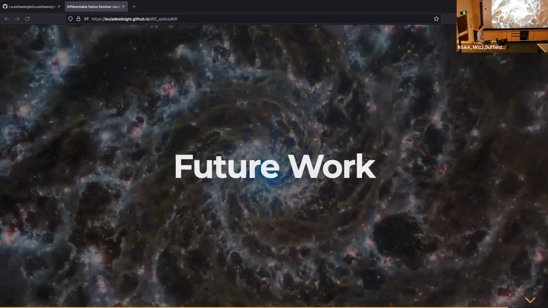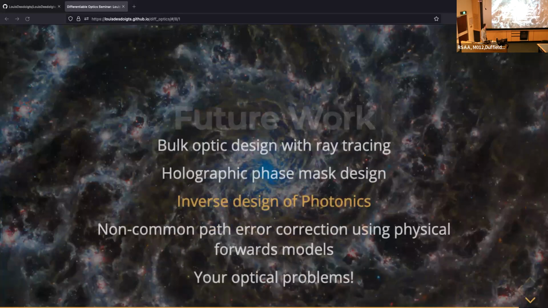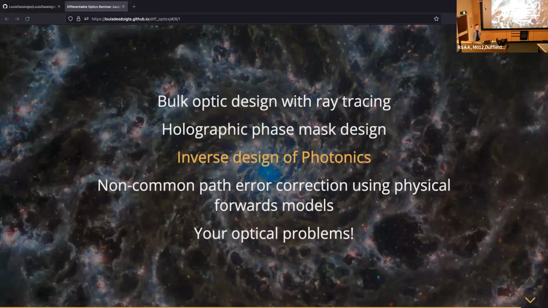So future work, what are we looking to do beyond this? Well, there's a whole bunch of different things. As I've said, we've designed this to be more of a framework, so we know that there's so much that can be done. We're working with some people at Arizona, potentially building in some ray tracing modules to be able to do different bulk optic design.